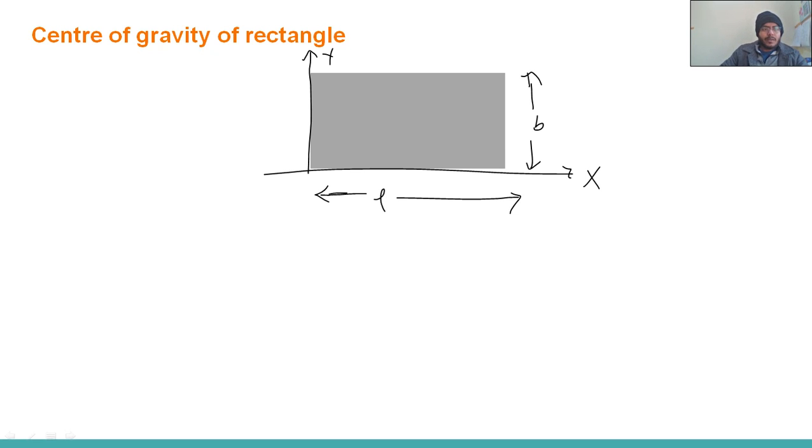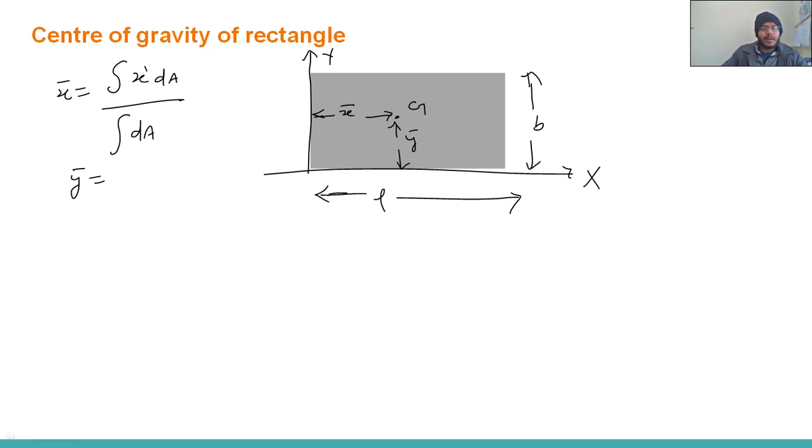Okay, so we have to calculate x bar. Suppose the centroid is somewhere here. This is the centroid, and this distance will be x bar and this distance will be y bar. Now we have the formula: x bar is equal to integration of x dash dA divided by integration of dA.